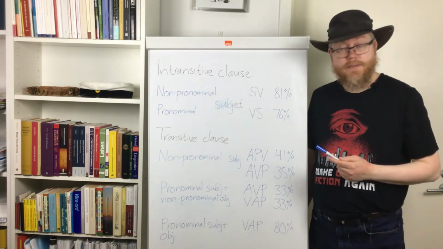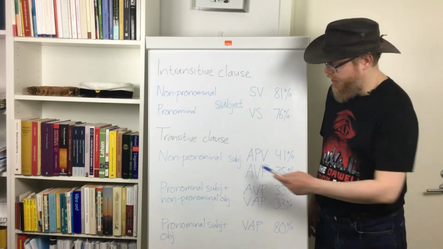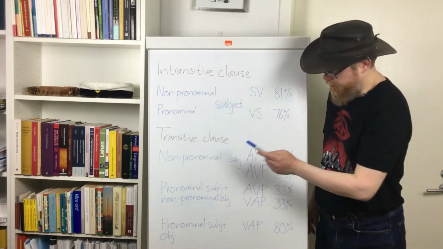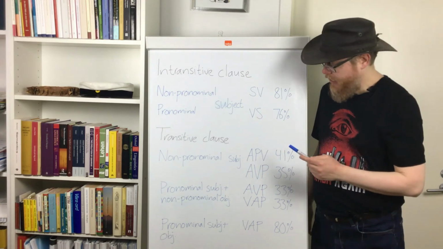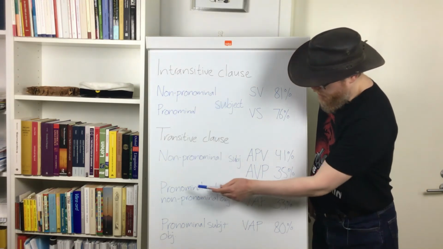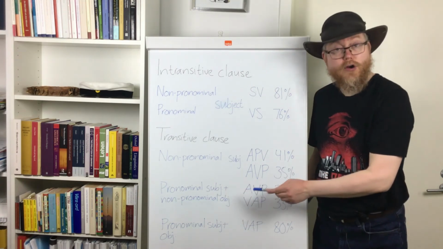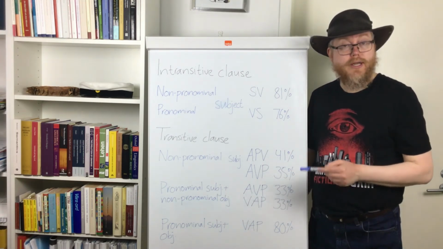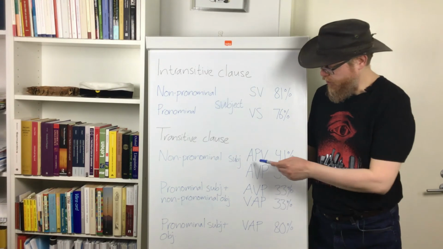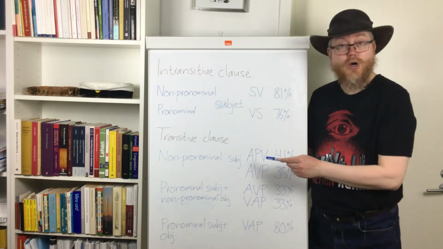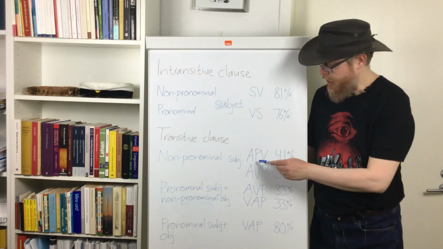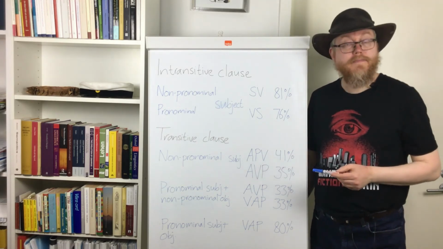In transitive clauses with a non-pronominal subject, as well as with a pronominal subject but a non-pronominal object, the strong tendency is for the subject to occur before the object.